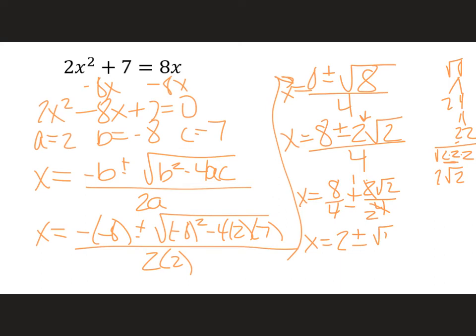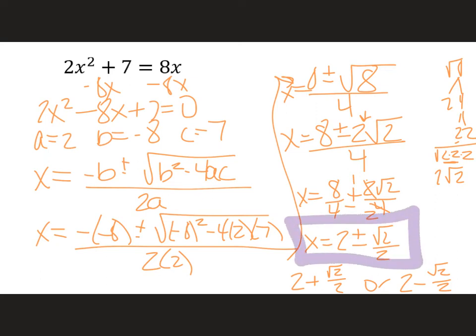So we would have the square root of 2 over 2. And then I would just leave it as plus or minus, but you could write it as 2 plus the square root of 2 over 2, or 2 minus the square root of 2 over 2. It's both of those answers. But again, I would just leave it as the one that keeps it as plus or minus.